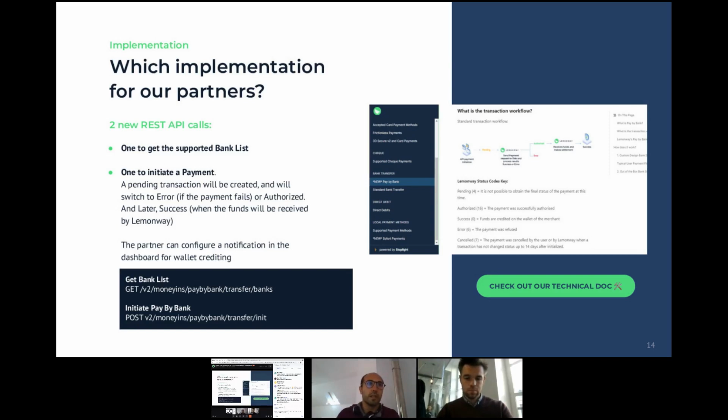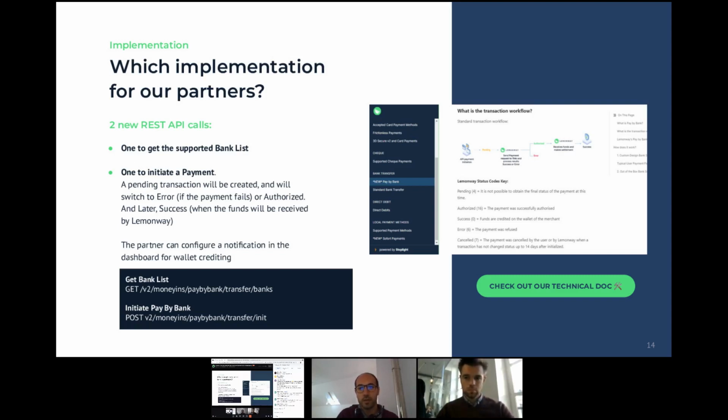Okay, cool. So I will explain again what I have said. Two API calls. The Pay by Bank solution is only compatible with REST API.